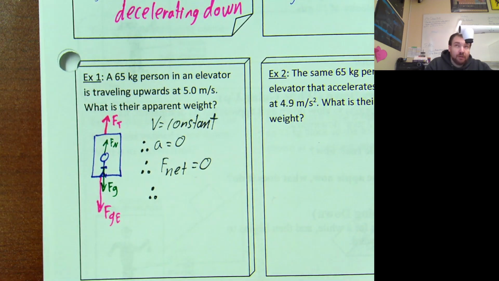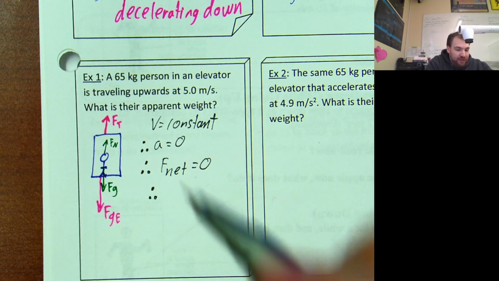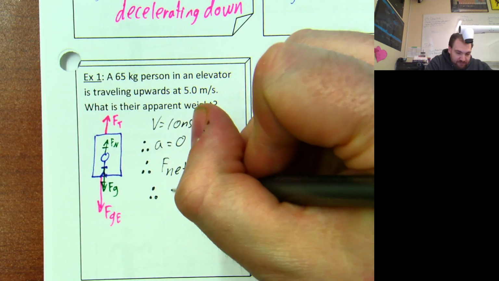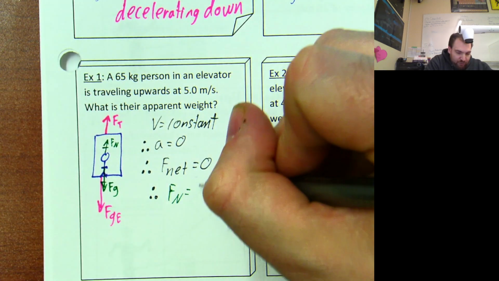Therefore, if there's no acceleration, there's no net force. If there's no net force, what must be true? They're balanced. In this case, what's balanced? The actual weight and the apparent weight. So Fn and Fg then are balanced. Fn equals Fg.